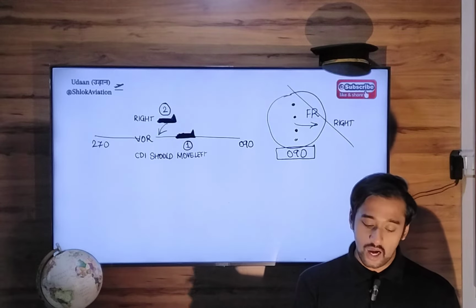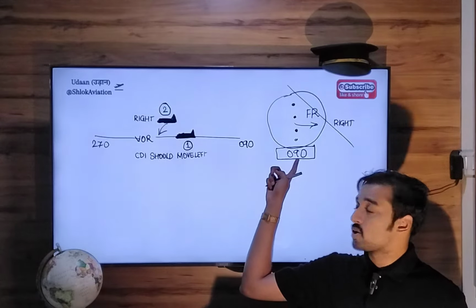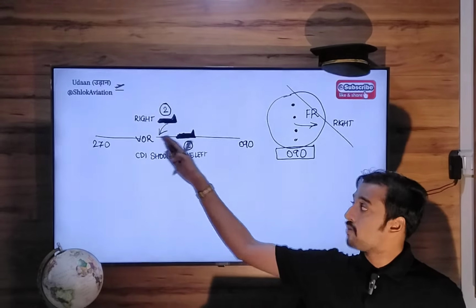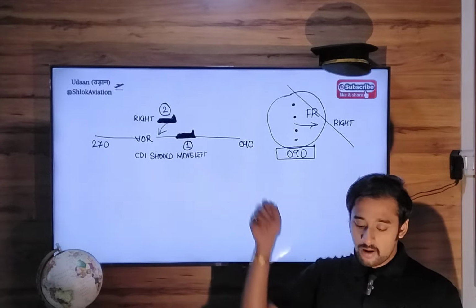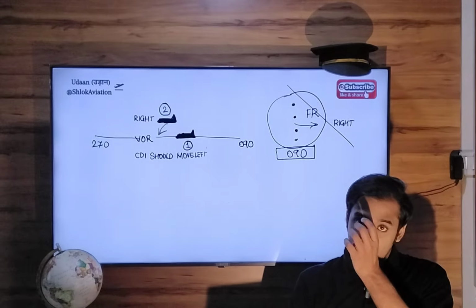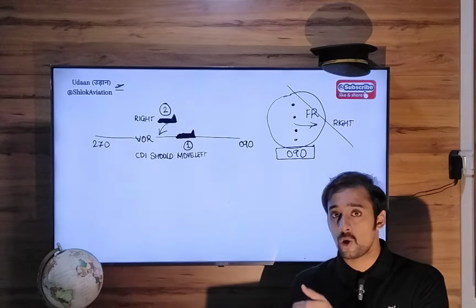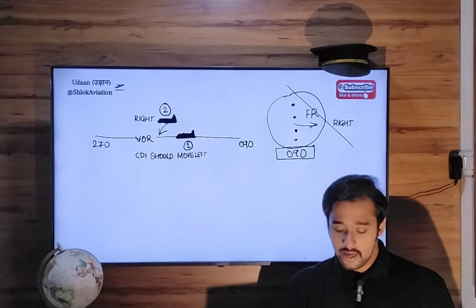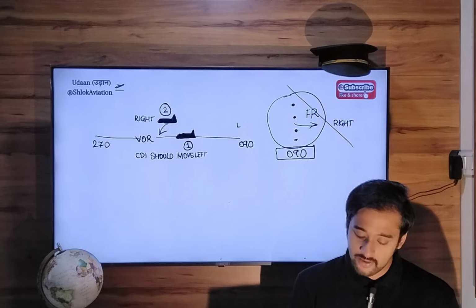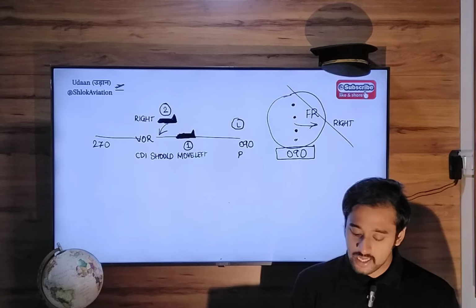Why? You have put radial 090, which is the outbound radial. With respect to the outbound radial, imagine all your indications will be as if you are flying outbound from the VOR, not inbound towards it. And when flying outbound, this becomes your left hand side, this becomes your right hand side.